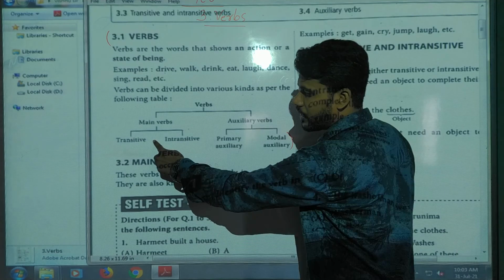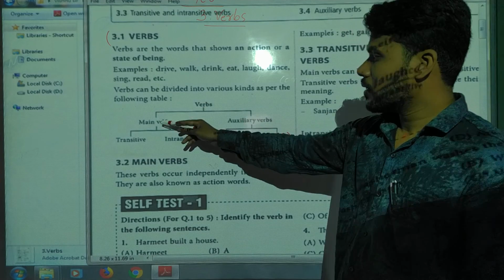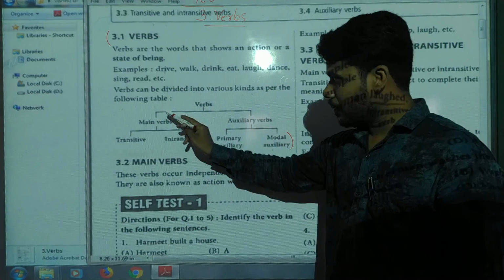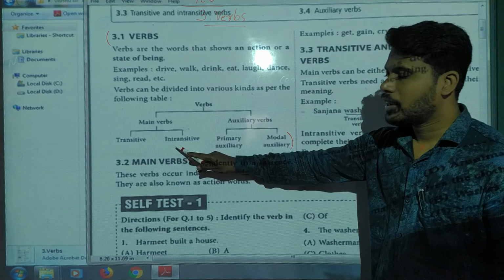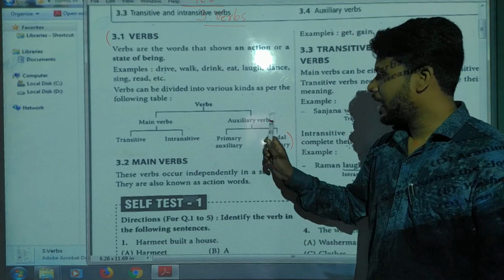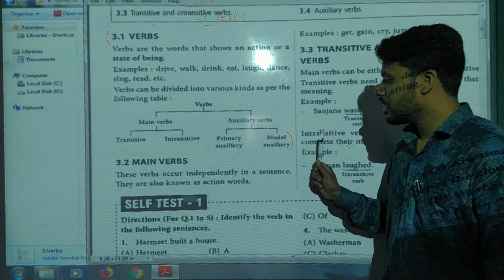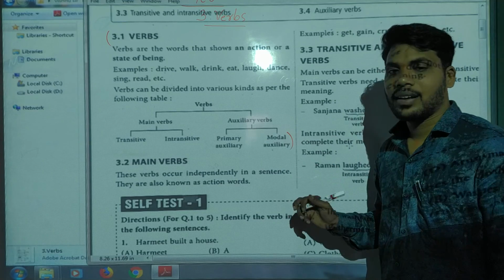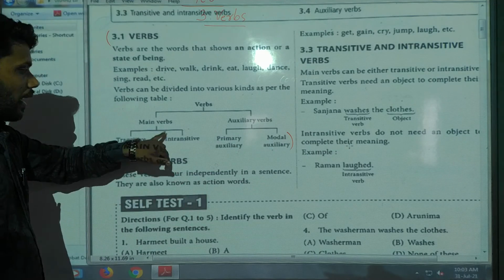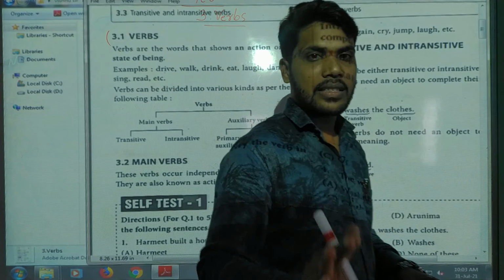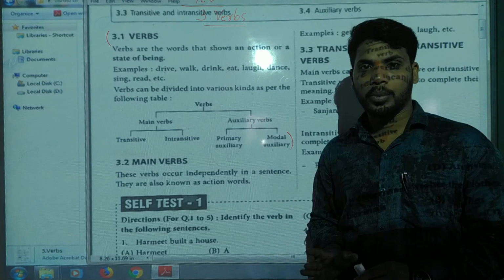Main verbs are again divided into two types: transitive verbs and intransitive verbs. And auxiliary verbs are also divided into two types: primary auxiliary and modal auxiliary. So which means 2 plus 2 is 4 and plus 2 is 6. There are 6 types of verbs, and we are going to learn about these 6 verbs.